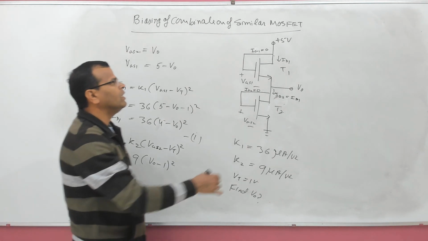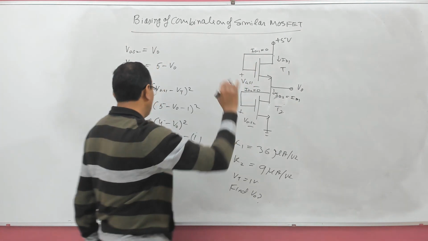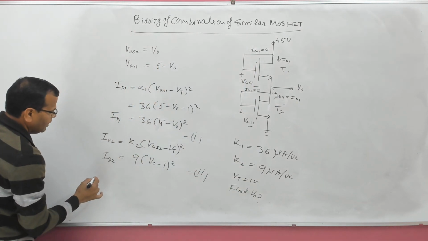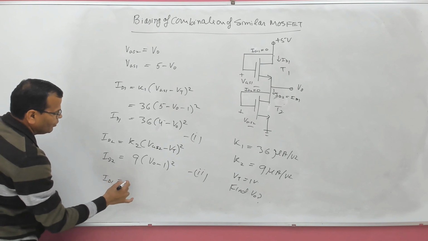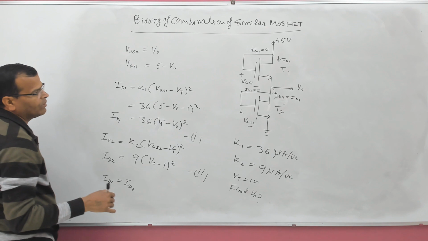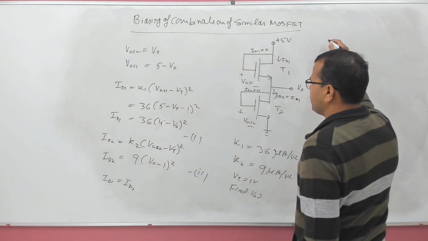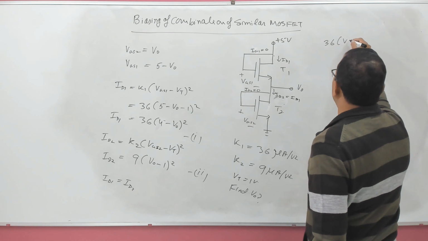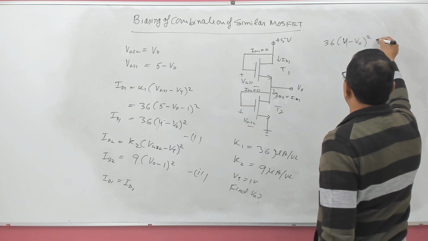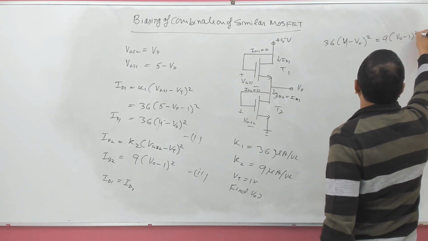But you can see, since both are connected in this combination, ID1 must be equal to ID2. So, this implies ID1 is equal to ID2. Why? Because both are in series, both drain and sources are in series. So, that gives 36 into (4 minus V naught) whole square equal to 9 into (V naught minus 1) whole square.